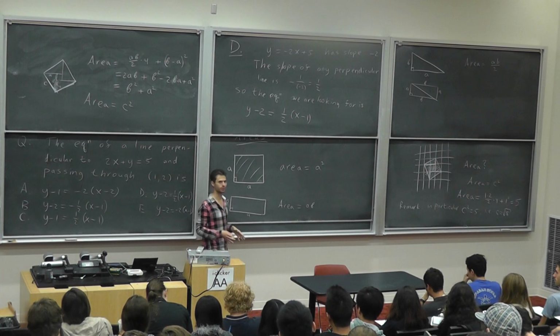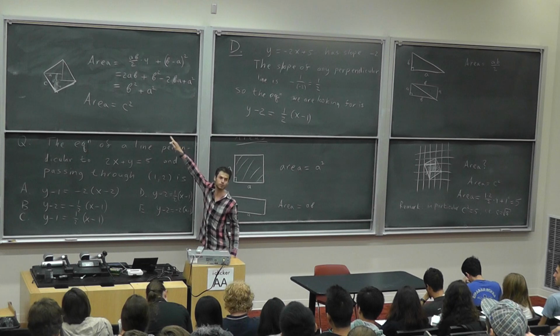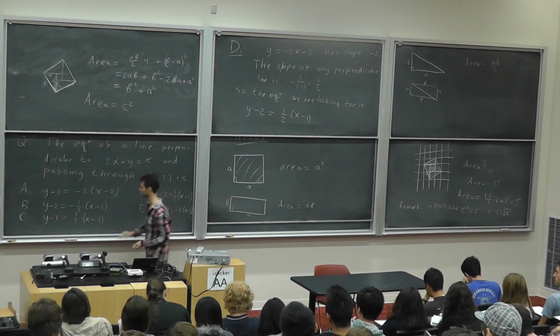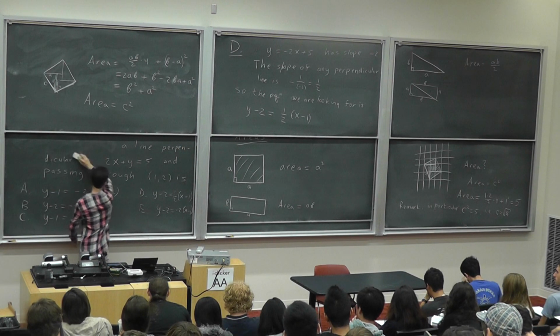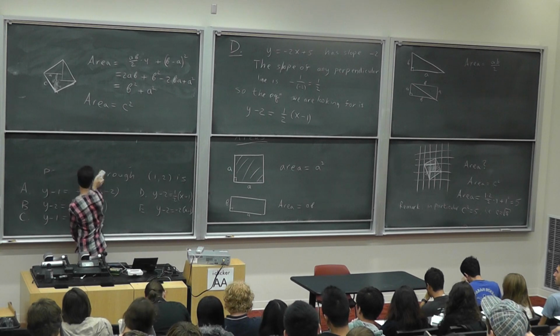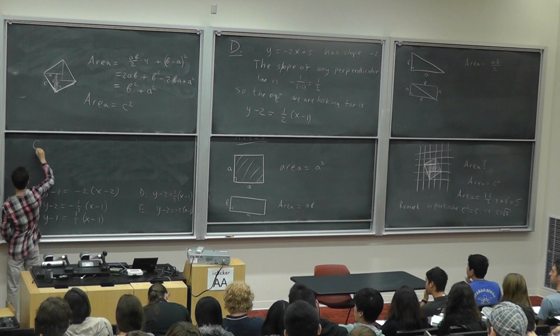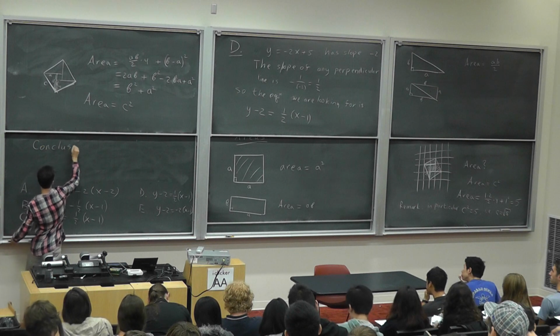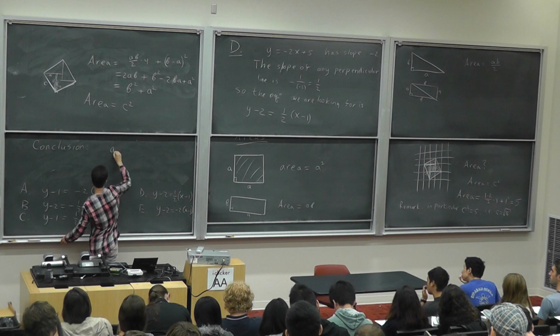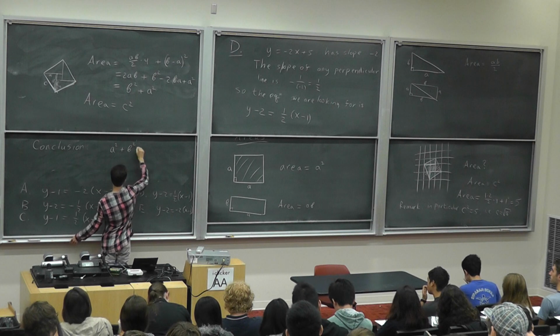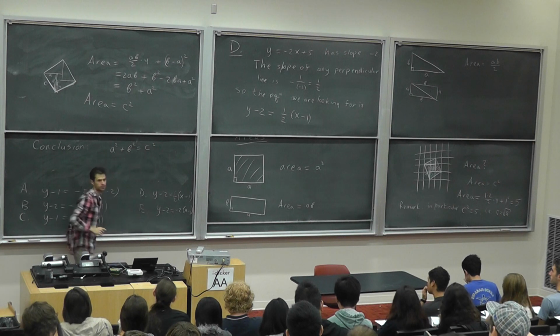It's the same number. So it must be true that A squared plus B squared is in fact C squared. So conclusion from this, in this picture, A squared plus B squared is in fact equal to C squared.